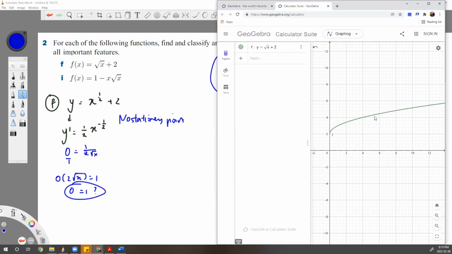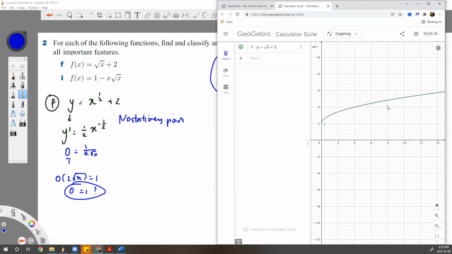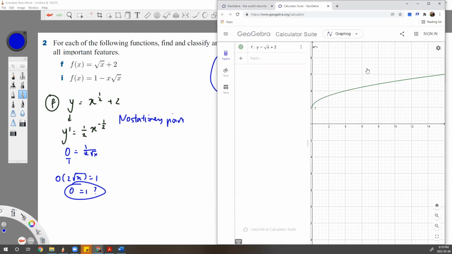So you don't have any stationary point. It is always increasing, and so on. This is the thing that you have to understand.